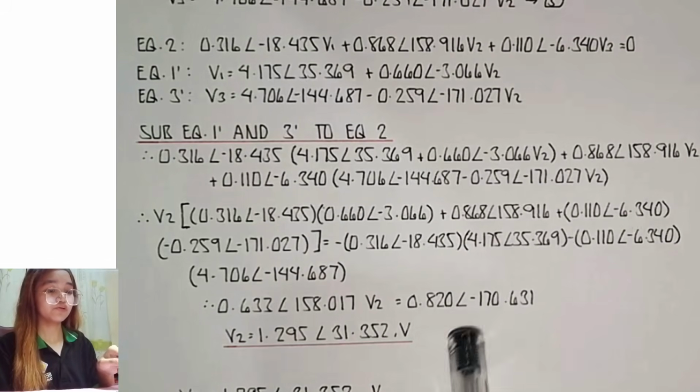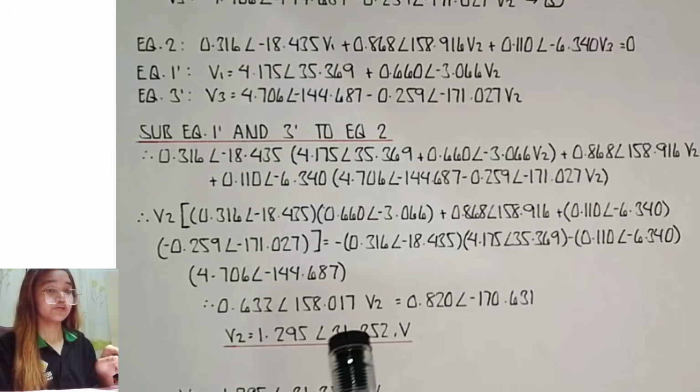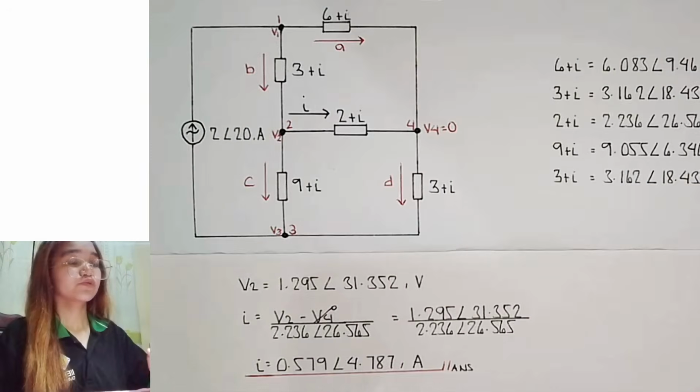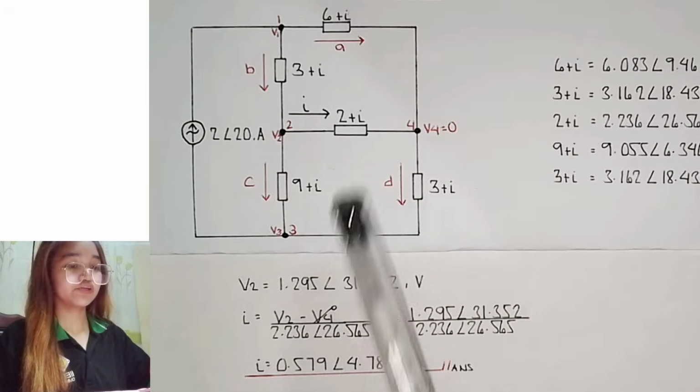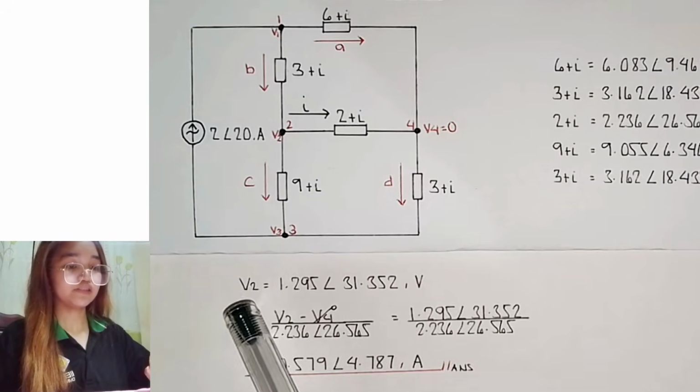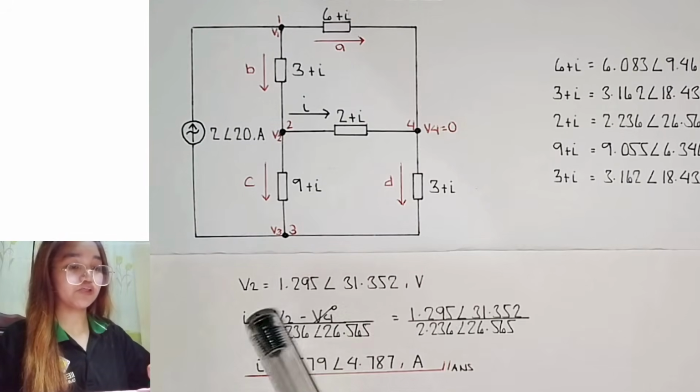So from here, we can now get the current. We can now get our current from here, since we already computed the value of V2.